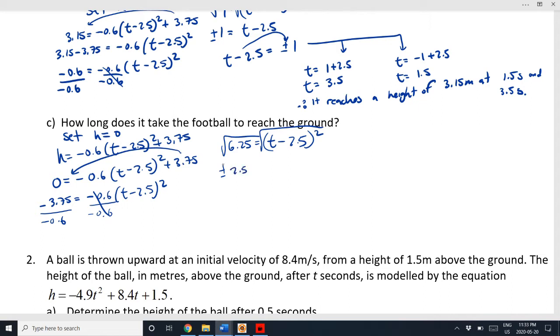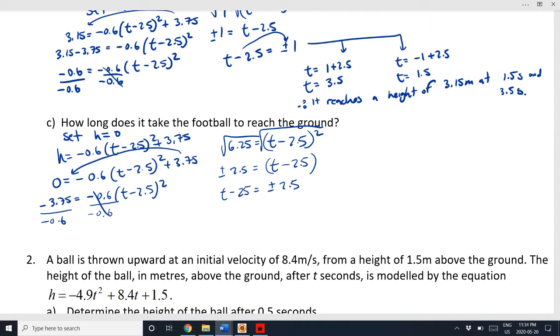So we're going to get plus or minus 2.5 is equal to t minus 2.5, because we got rid of the square now. So all that's left is to solve for what our t value is. And I'm just going to rewrite this again. I like to have it on the right side, like this. So we're going to have plus or minus 2.5.